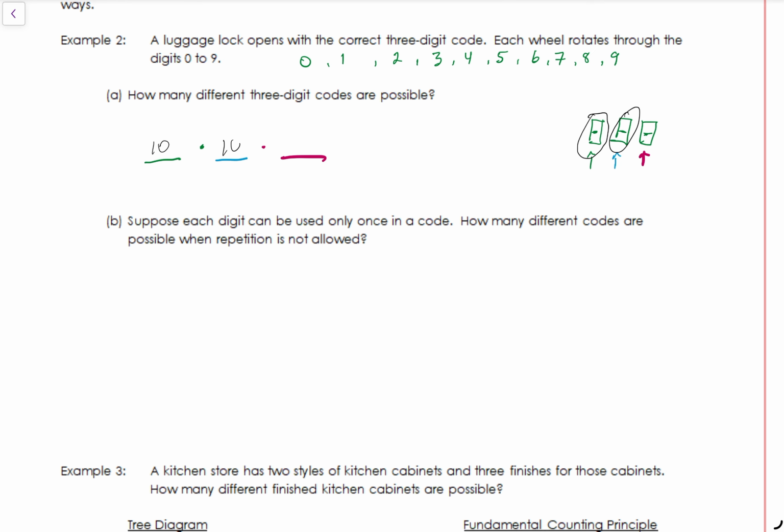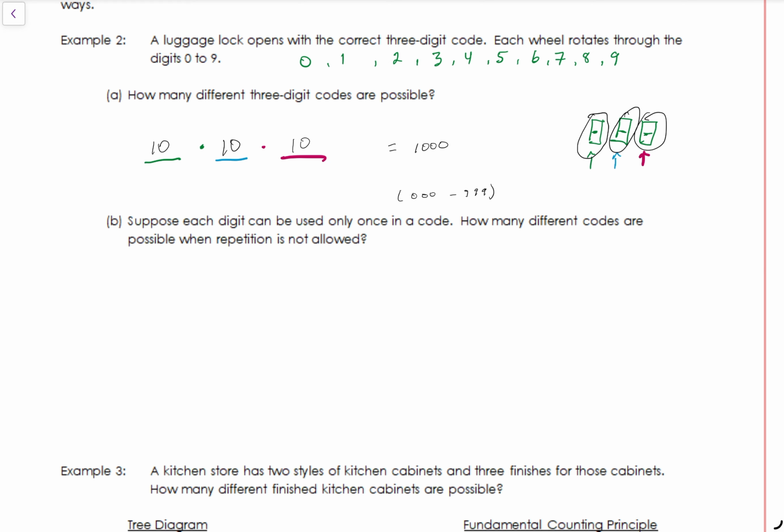Well, I have 10. How many options do I have for the third wheel? 10. How many different 3-digit codes are possible? 10 times 10 times 10, and that is 1,000. Now that should make sense because 000 to 999 are the possible codes, and those are 1,000 different codes.